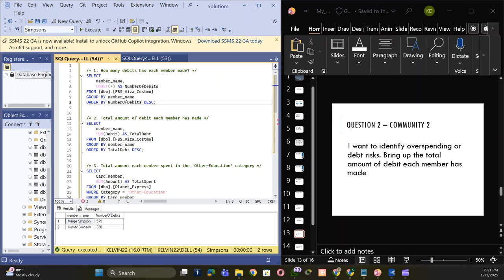We take the debt column and sum all their spending. Grouping by the member name ensures we calculate a separate total for each person. We are going to sort from the highest to the lowest total.